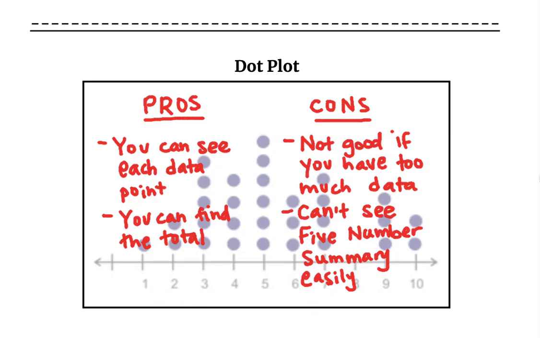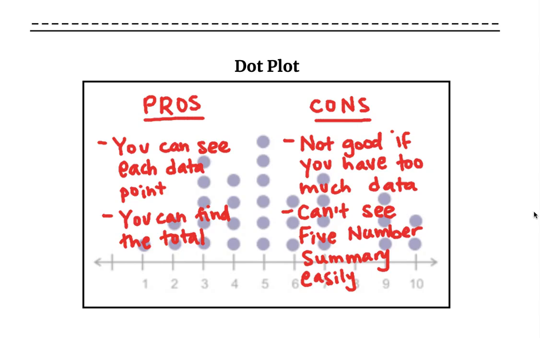The cons is that it's not really good if you have too much data. So if for instance I had 200 data scores, that would be a pain for somebody to create this dot plot. And it would be a pain to look through it as well because you have hundreds of dots to look at.